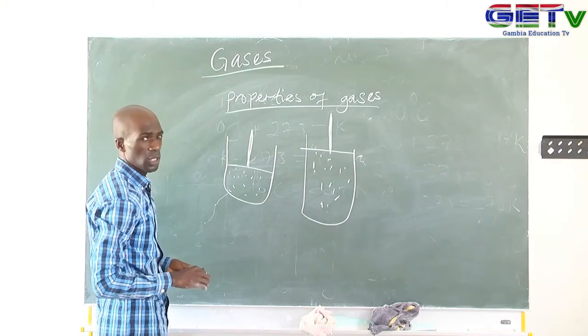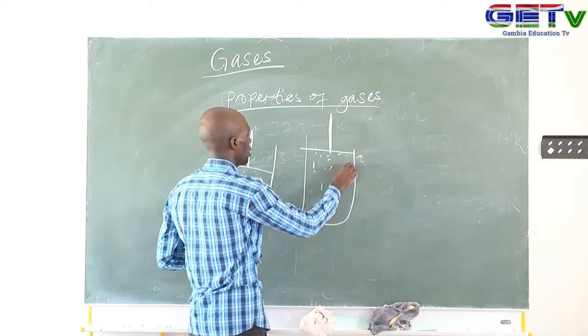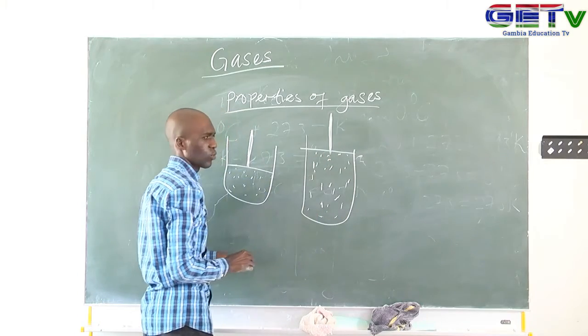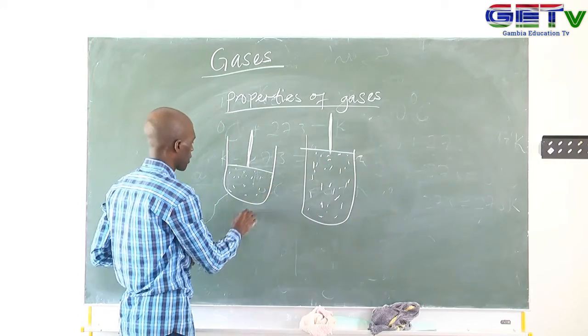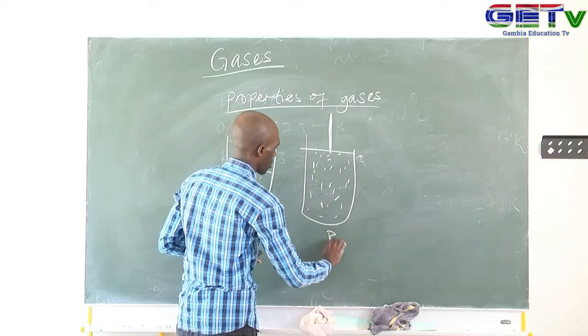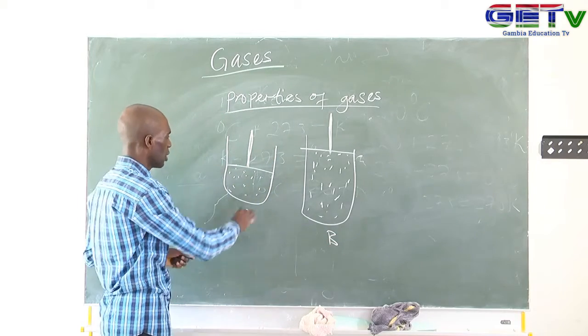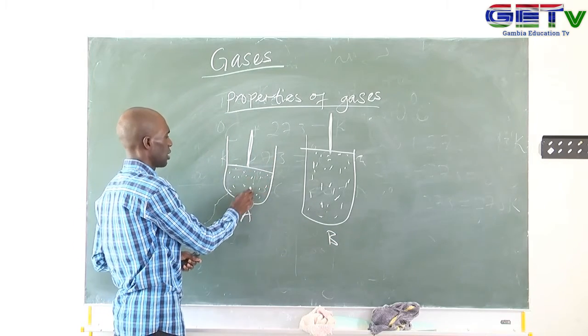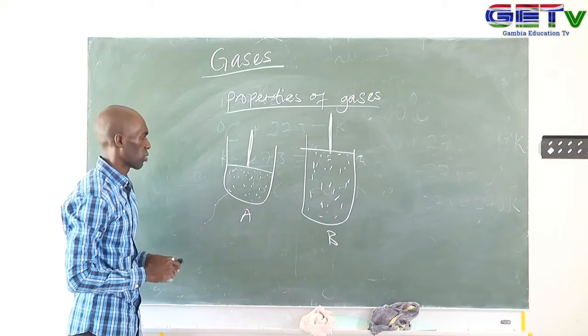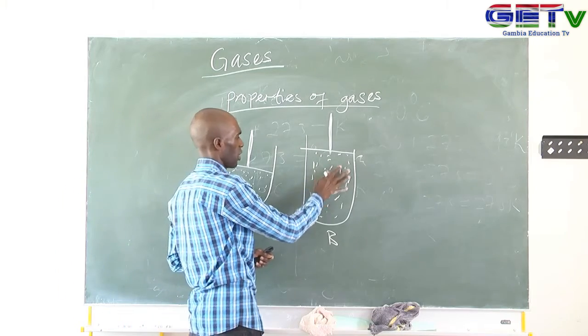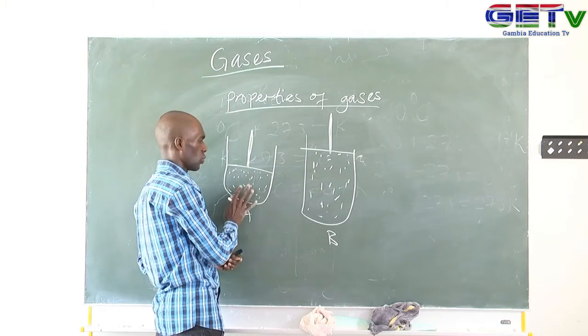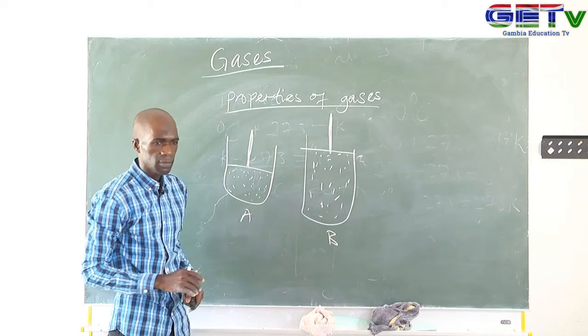So when the gas molecules expand, the volume is going to increase, as we can see between the first and then the second, that is A and B. At A, this was the initial volume of gases, but B is as a result of the expansion of gas molecules in A.